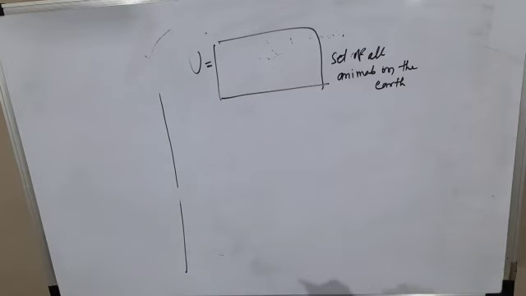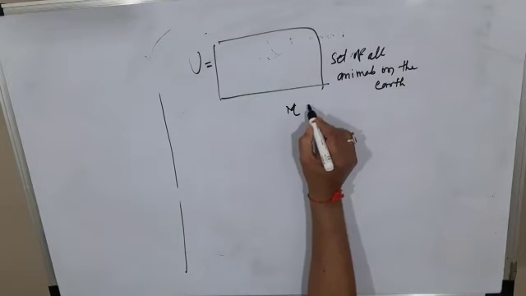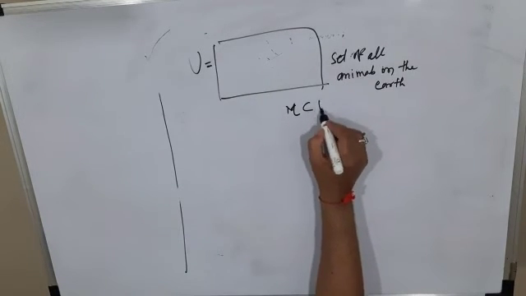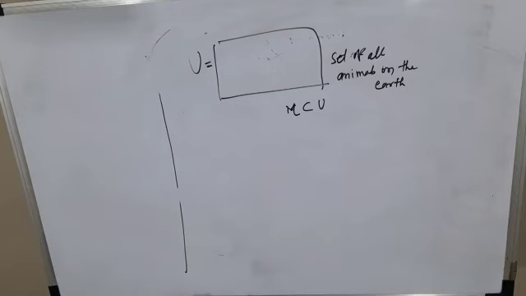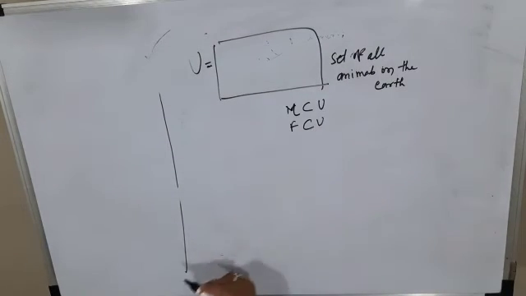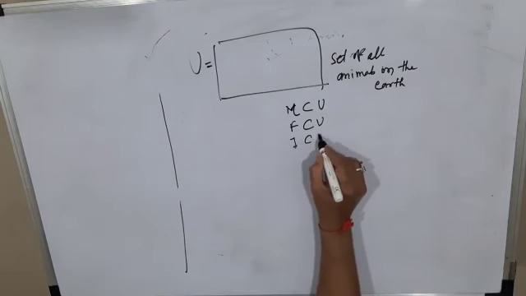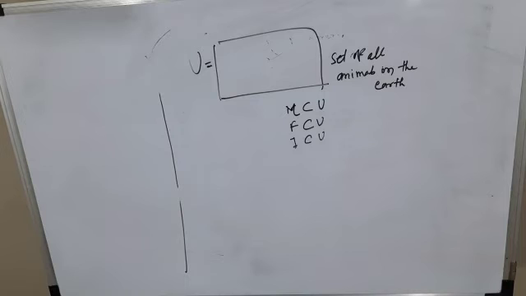In this case, the set of mammals is a subset of U, the set of mammals is a subset of the universe, a set of fishes is a subset of the universe, insects are a subset of the universe also, and so on.